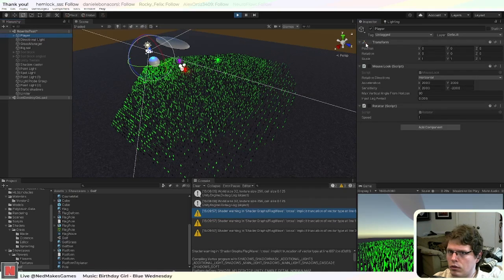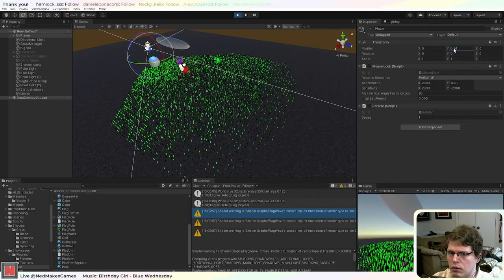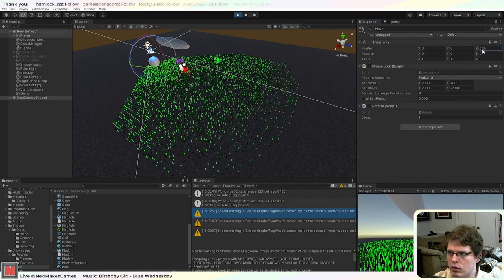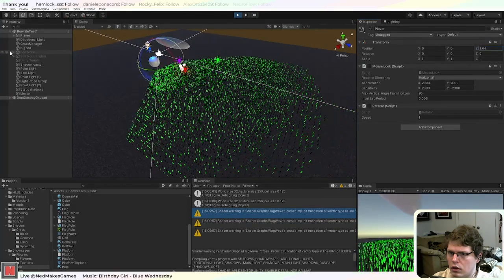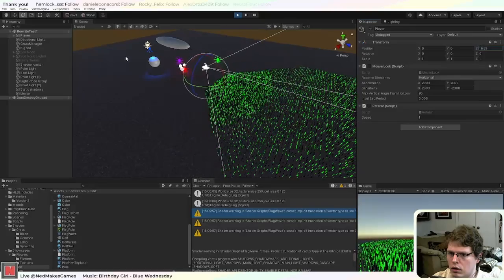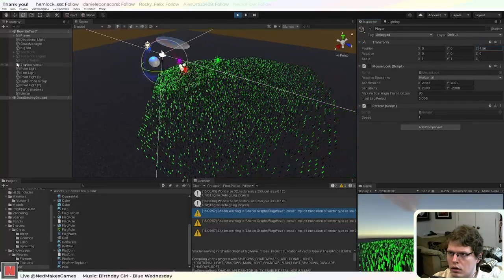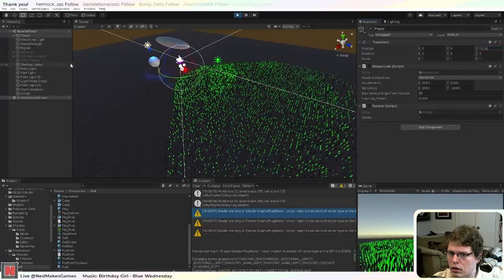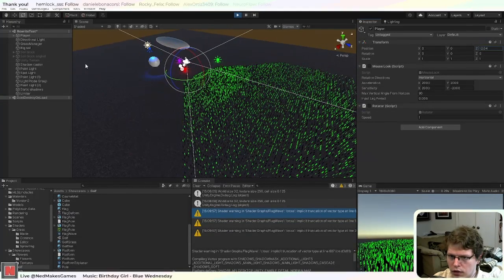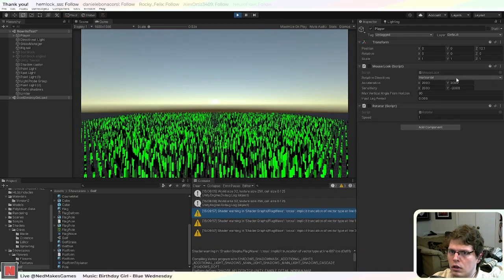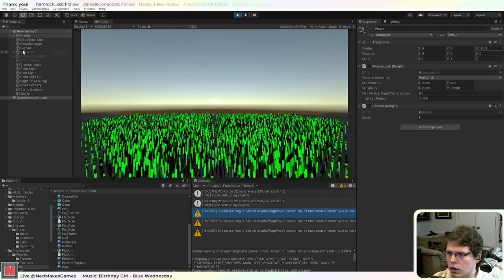So when I move the player forward, okay, you can kind of see if I bring this up. Okay. You can kind of see the pop in.